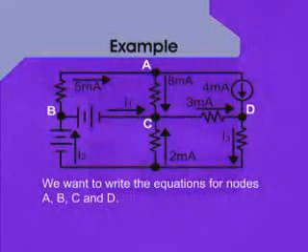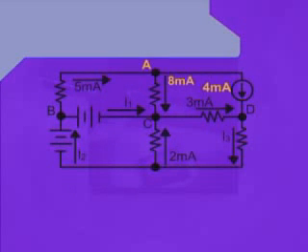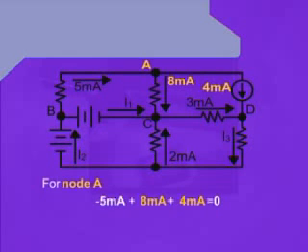Now we will try to write the node equation for each of the nodes one by one. For node A, minus 5 milliamperes because it is approaching the node A, plus 8 milliamperes because it is leaving the node A, plus 4 milliamperes because it is leaving the node A as well.